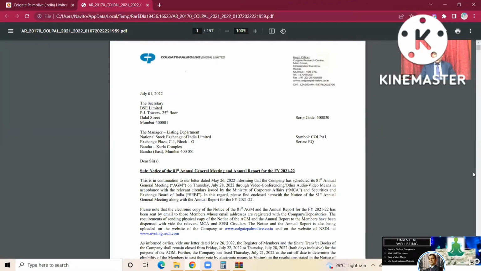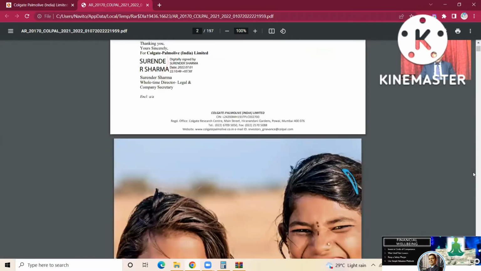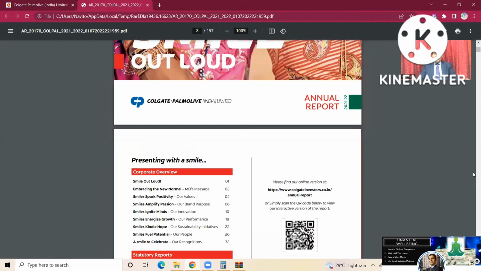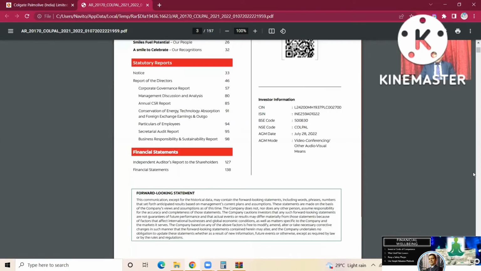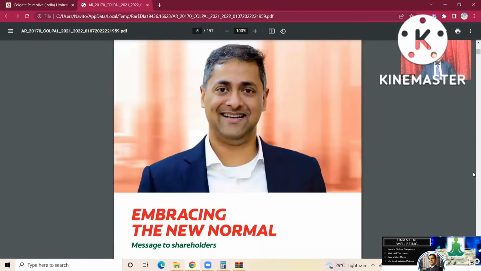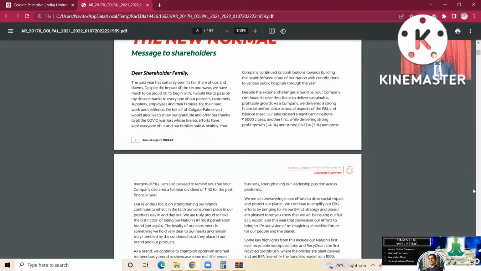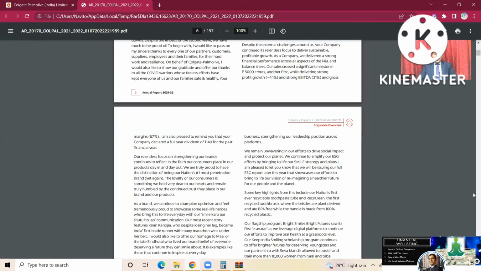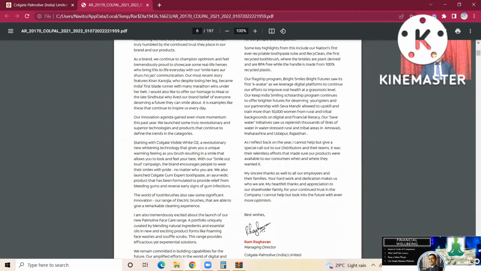So we have the annual report. This is the letter of release of the annual report, and then we have the initial few pages with a message to shareholders from the managing director of the company, Ram Raghavan.